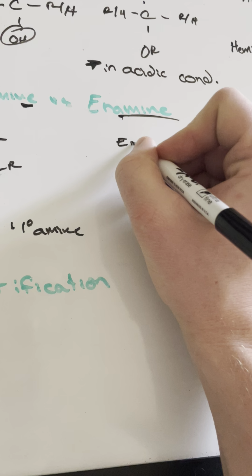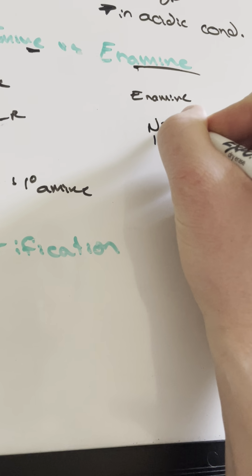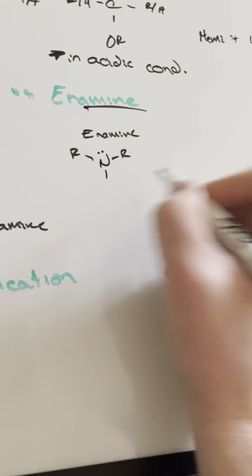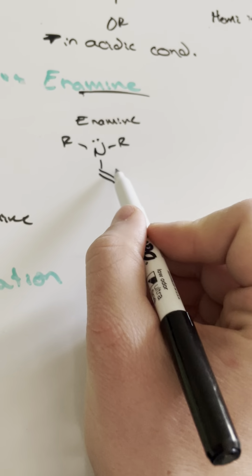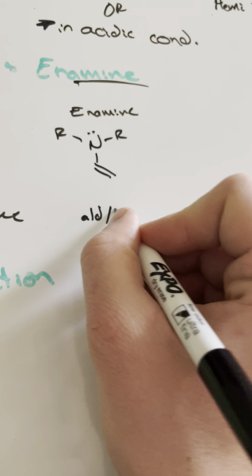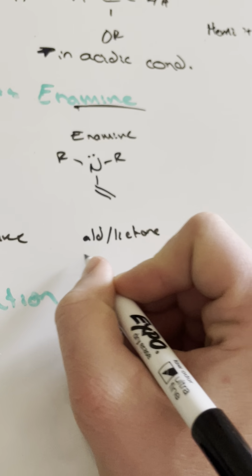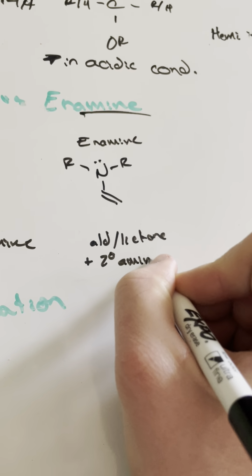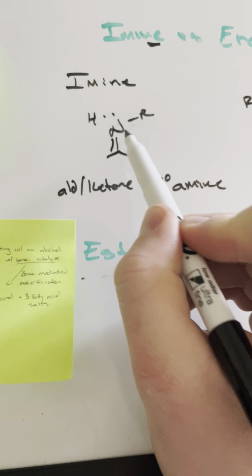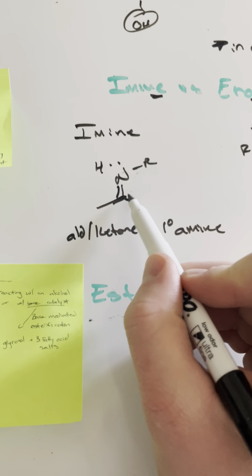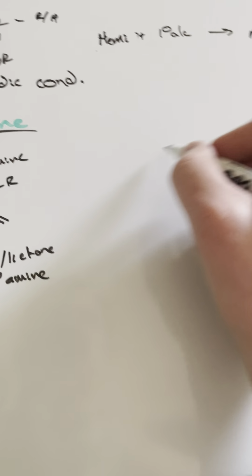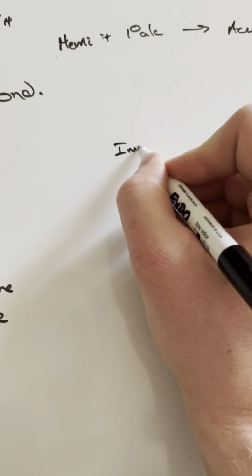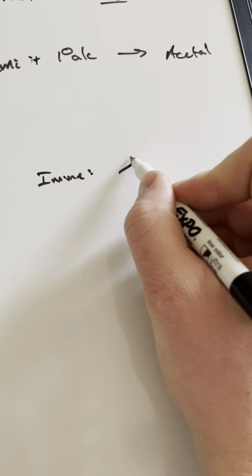And then your enamine is going to be this structure, and there's going to be a double bond here now, and that's going to be your aldehyde or ketone plus secondary amine. Right, and then this is going to be a little odd. This has a double bond here. That makes more sense.